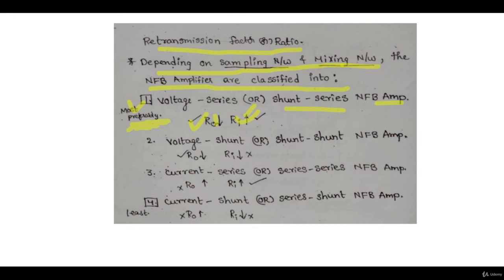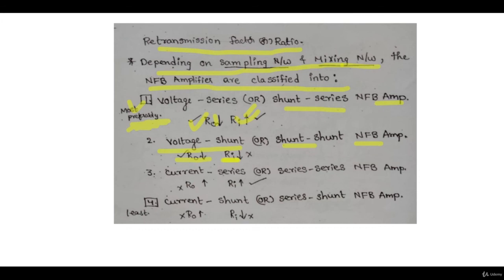Then there are other configurations as well. Voltage shunt: the properties of this are that R0 will decrease and Ri will also have less value, which we don't want.